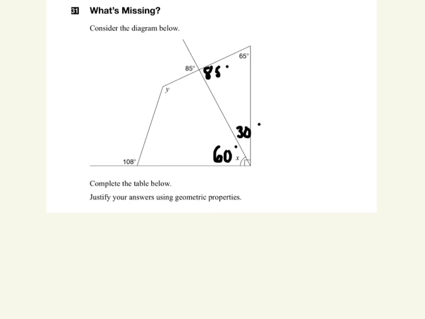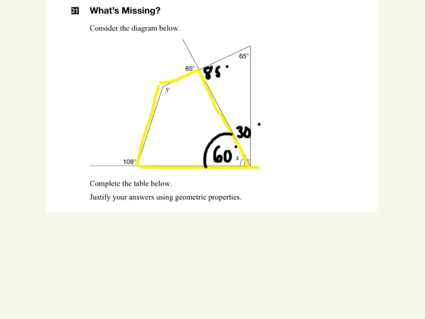So you could have split it into 2 triangles. But you're using the idea that this is a four-sided shape, and right now you only know one angle inside the four-sided shape. Are there any other angles right now that you can figure out before you have to find y inside this four-sided shape?